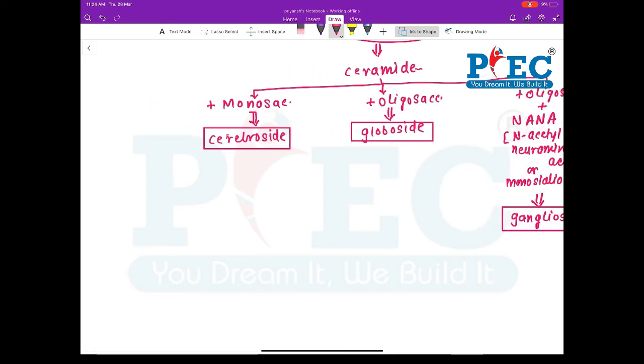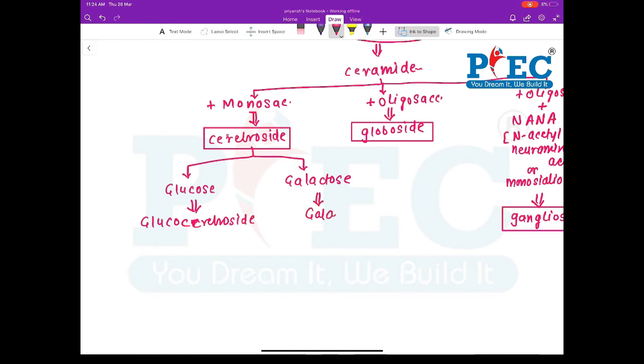Now, for this monosaccharide, we can use a different type of monosaccharide. Either we can use glucose, or we can use galactose. If I add glucose as my monosaccharide, it will be called glucocerebroside. If we add galactose, it is called galactocerebroside.